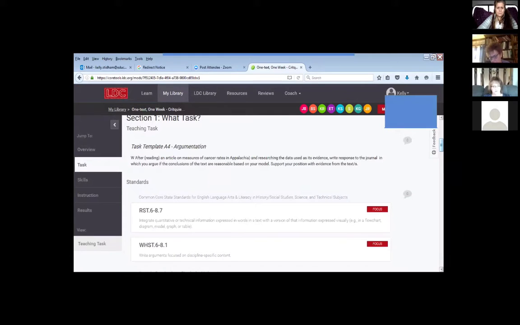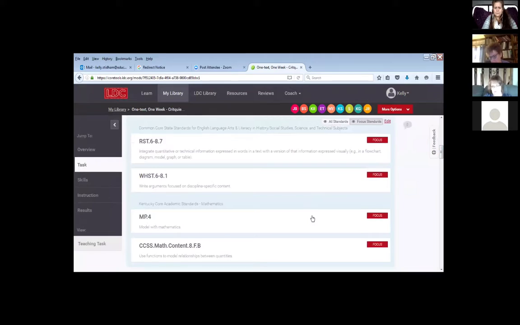I don't think that's terribly clear without seeing the text, but there's an article, it cites what data source it uses, and then the author makes a prediction of what they think the cancer rates will be in 10 years based on using a linear model of the data. But there are lots of different models that you could have used to interpret that would give you very different conclusions. So it's pretty open. And then the standards were integrate quantitative or technical information expressed in words into text with a version of that information expressed visually.